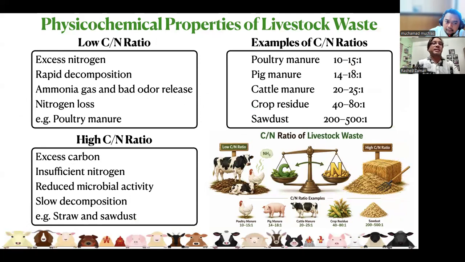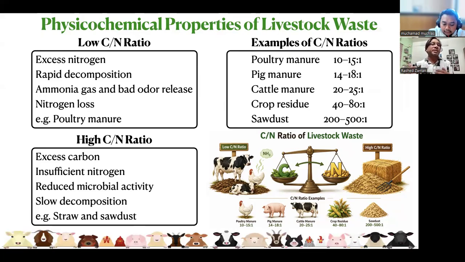Now we will see the low and high carbon to nitrogen ratio. Low carbon to nitrogen ratio means the presence of excess nitrogen. In this case, rapid decomposition happens because microorganisms can break down the nitrogen-rich organic matter.